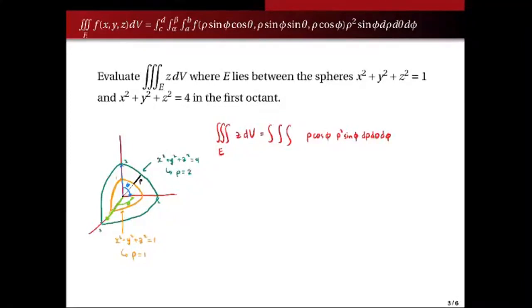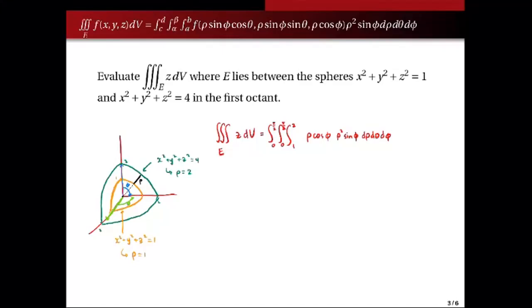Your rho will run from 1 up to 2. Your theta will run from 0 to pi over 2. And your phi will also run from 0 up to pi over 2. And just like the previous example, all the limits of integration here are constants, so you can separate each variable.